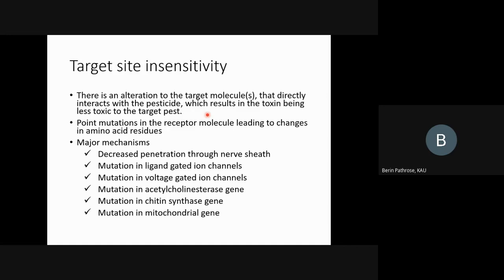If acetylcholine also can't bind to the receptor, neurotransmission won't happen. So it changes the structure, but it maintains its affinity towards the natural ligand, acetylcholine, and it loses its sensitivity towards the pesticide. Understood? Yes, sir.